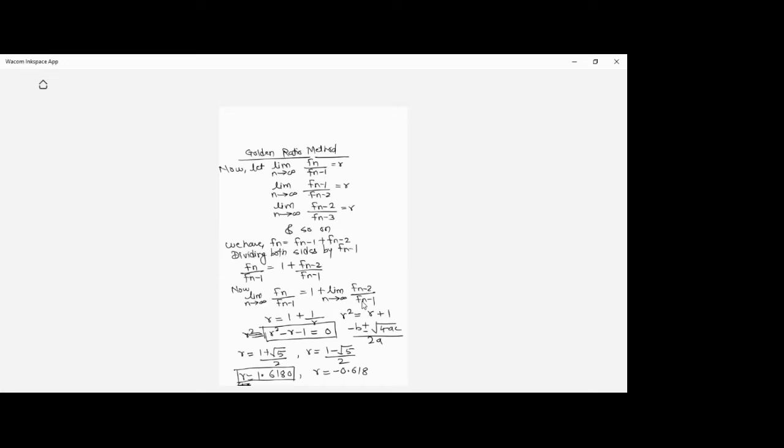It is not visible here, so I'll write it here. R equal to 1.6180 is called the golden ratio, and the other is called the conjugate golden ratio.